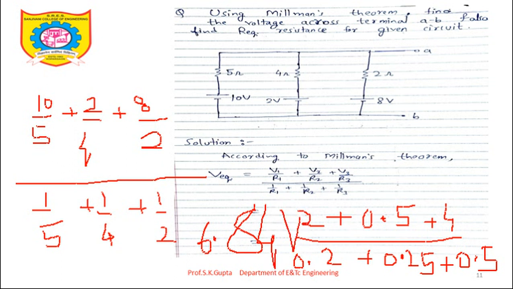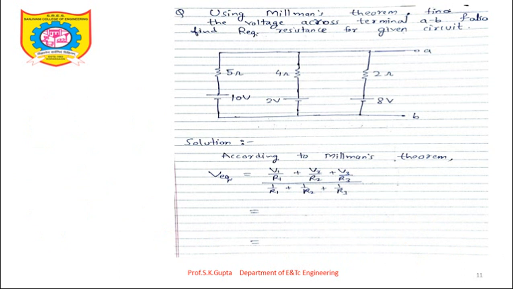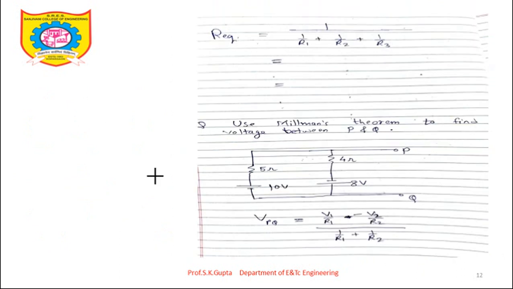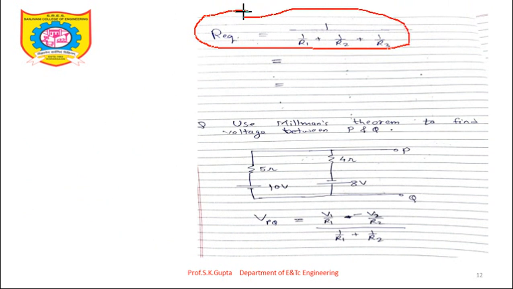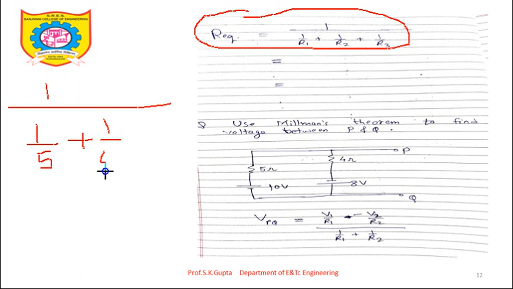Okay, next we will determine R equivalent. So this is the formula for R equivalent: 1 by R1 plus 1 by R2 plus 1 by R3. That means 1 by, 1 divided by 1 by R1 is 5, plus 1 by R2 is 4, and R3 is 2.